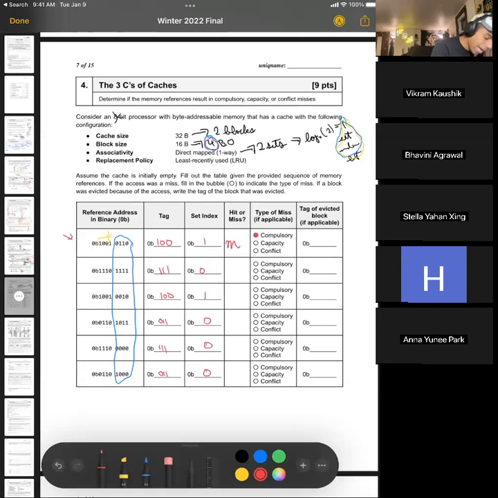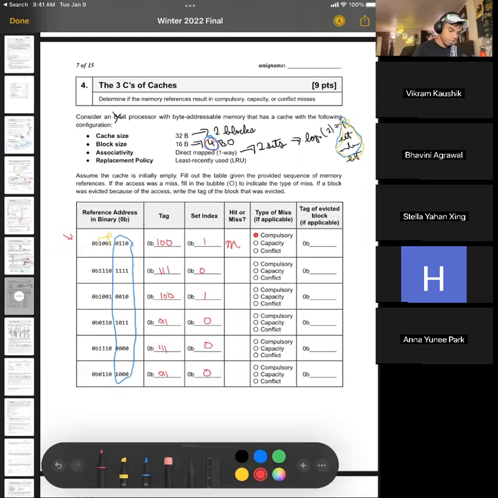But we also have capacity misses, which essentially say, assuming that the cache is fully associative, there just simply wasn't enough space. Our cache was simply not big enough to prevent an eviction. An eviction occurred because our cache wasn't big enough.